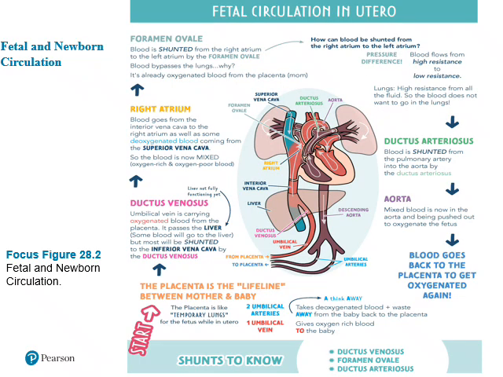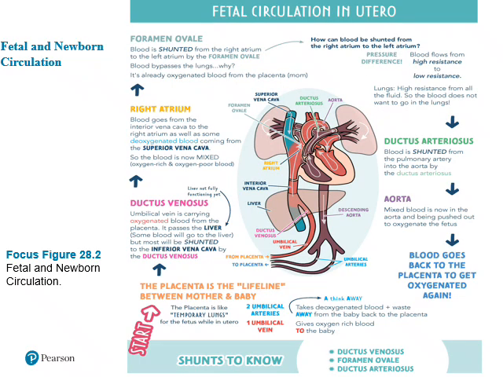Then the blood goes right into the right atrium. This is your right atrium right at this point. Blood goes from the inferior vena cava to the right atrium, as well as some deoxygenated blood coming from the superior vena cava, and it is now mixed together.